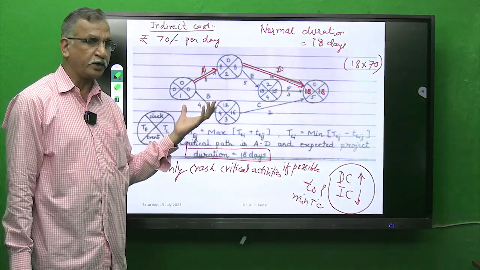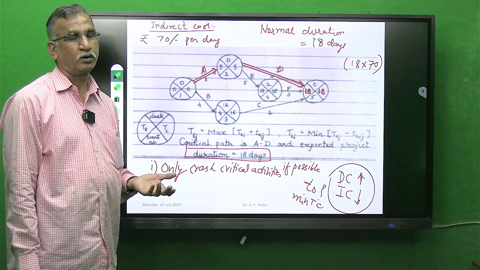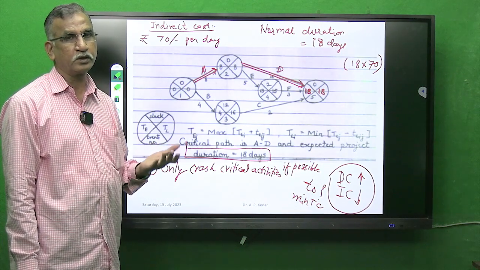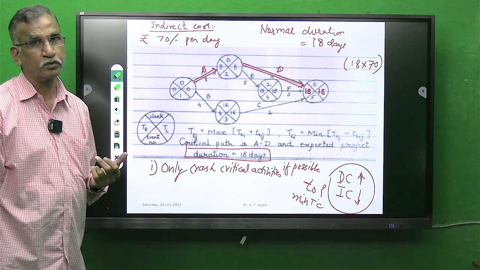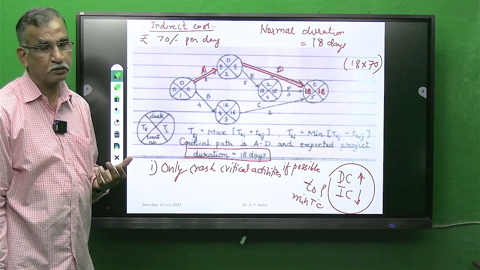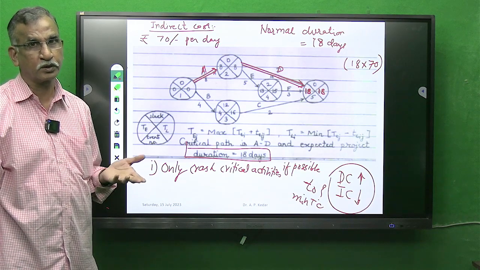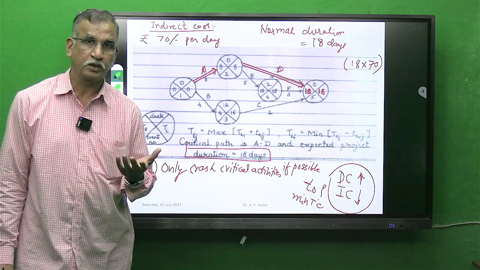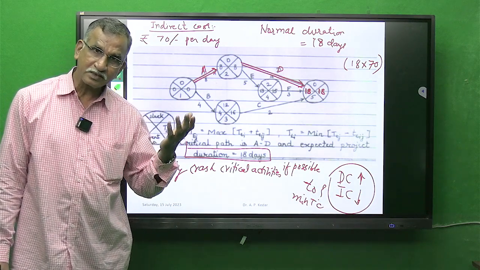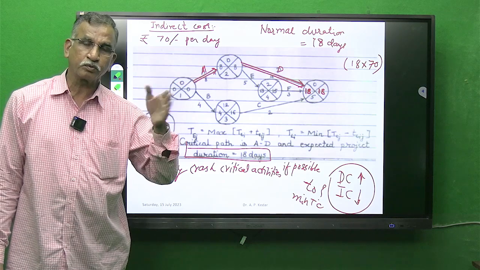because there is no point in crashing a non-critical activity. Crashing a non-critical activity will only increase the cost, but it will not reduce the time of your network, because the critical path will remain the same. We have seen that the critical path is the path of longest duration, and if you are unnecessarily crashing a non-critical activity, you are not reducing the total project duration.